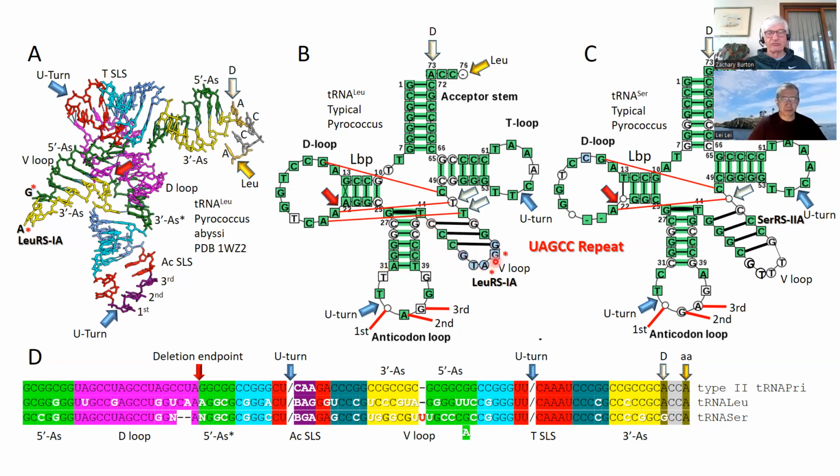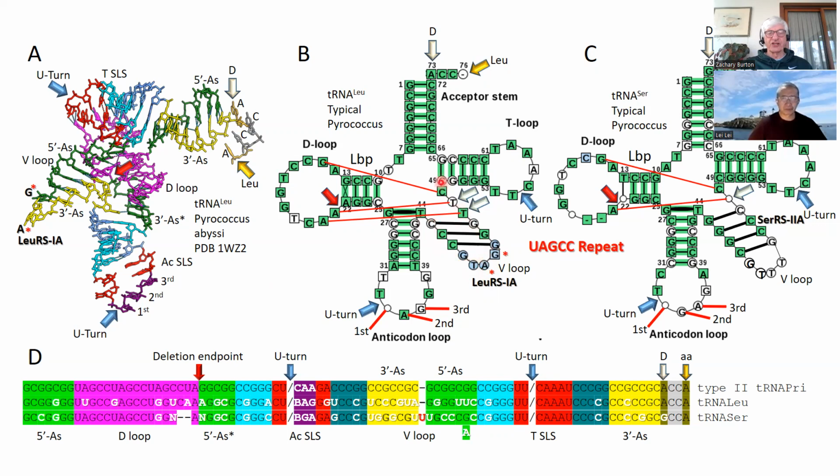This is a stem loop stem. There's an enzyme called LURS that puts leucine here and does not put leucine there. CRRS puts serine there, does not put serine there. So how does that work? You have this stem, loop, and stem. LURS interacts with this A and G on the loop.